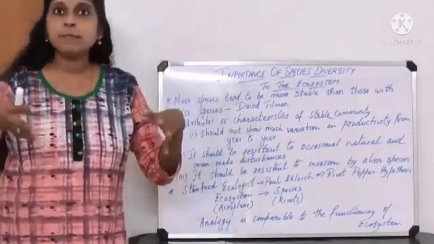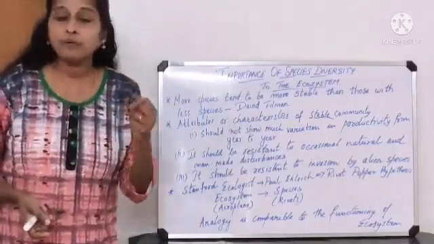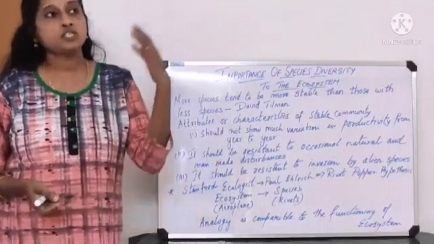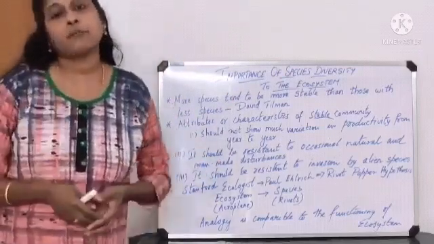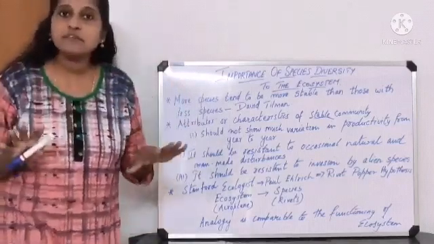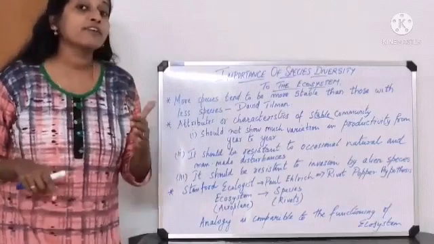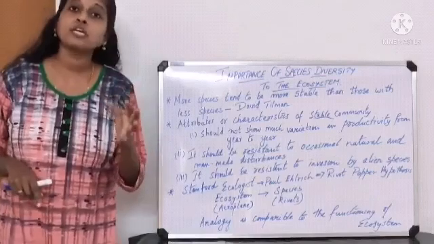Or I am introducing some chemicals into it, the plant should have the capacity to withstand fertilizers or pesticides. In that case, that community is more stable. So all the species living there should have resistant power.